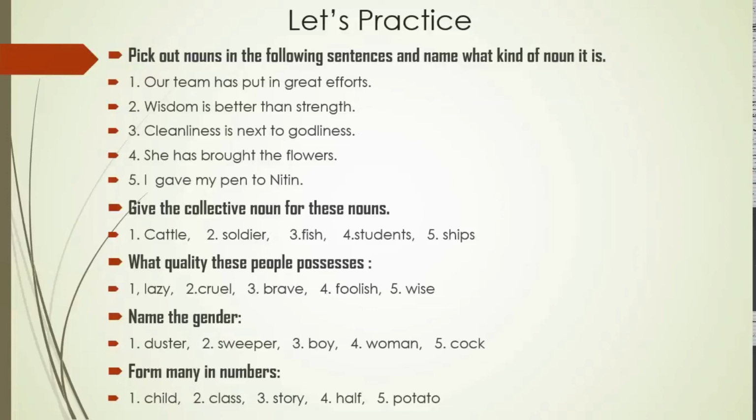Duster, sweeper, boy, woman, hawk. Form plurals. Child, class, story, half, potato. Now what you have to do is pause this slide, write the answers, and finally check your answer in the next slide.